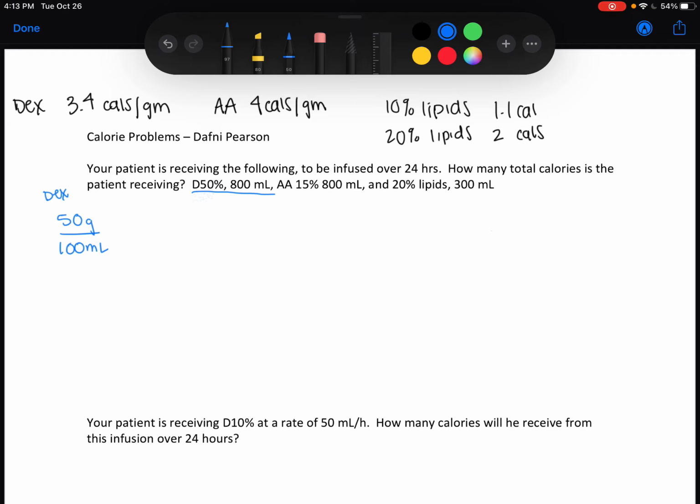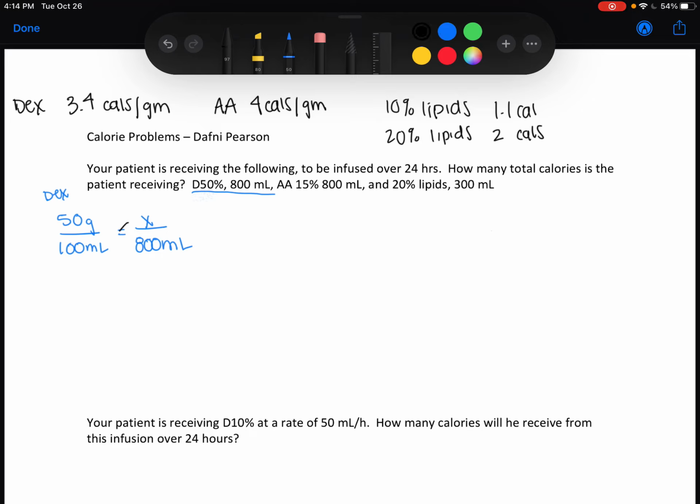Then it says they're getting 800 milliliters of the D50. So I'm going to set that equal to X over 800 mils. So we have 50 grams per 100 mils, but we want to know how many grams in 800 mils. Once we have it set up like this, we can cross multiply.